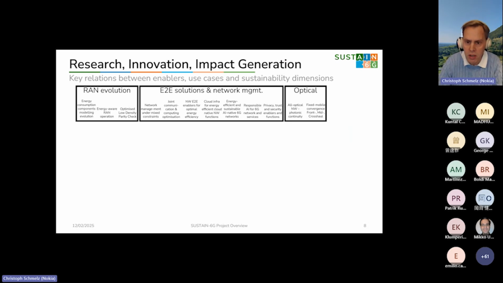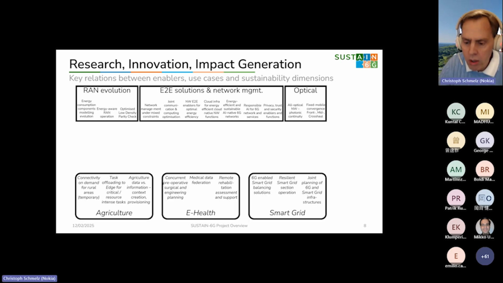AI, for sure, artificial intelligence is also a key part here. And network management, since if you look at an end-to-end system, the management part will also play a key role in the end. But we will not only look into wireless technology, but also optical technology, since there's quite a large number of use cases looking at industry, but also at e-health, for example, where fixed connections may play a role.